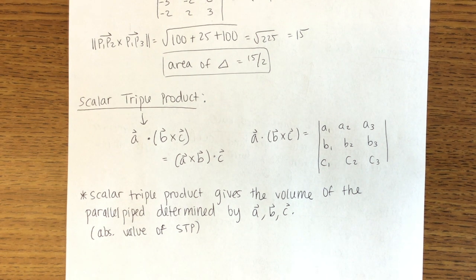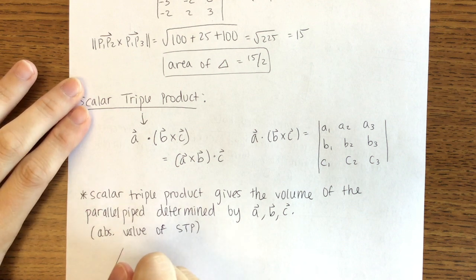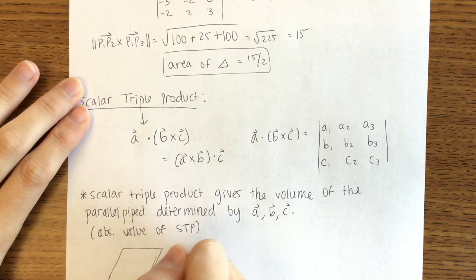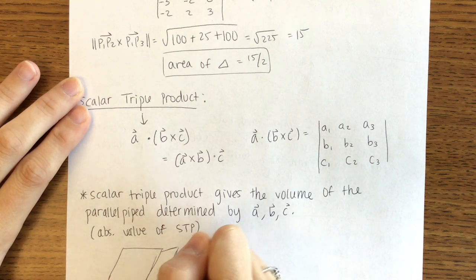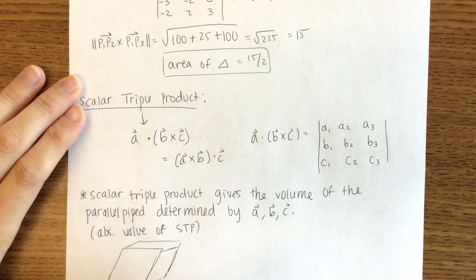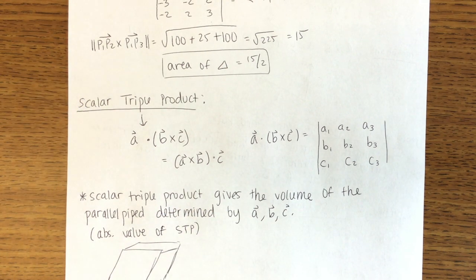Now, before we do an example, we need to know what a parallelepiped is. A parallelepiped is a three-dimensional rectangular prism. It's like a rectangular prism, except it's kind of smushed. It's on a slant. So it's going to be something like this. So picture a rectangular prism, but one that's slanted.